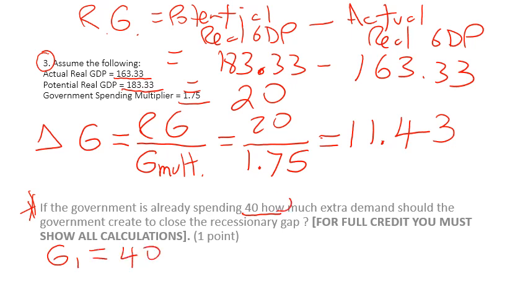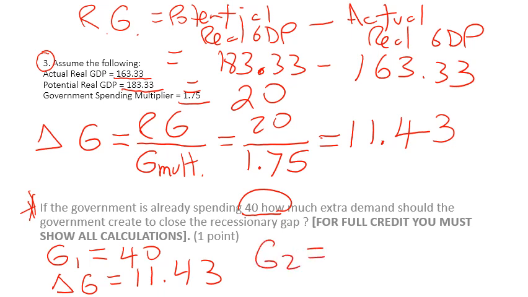We're told that's 40. The change in G, which we've just calculated, is 11.43. Well, then G2 must be 51.43, right?